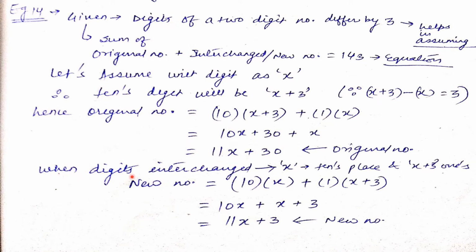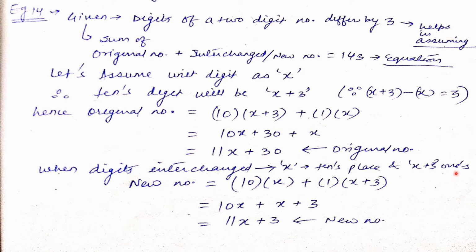When digits are interchanged, the x which I assumed as the unit digit last time now becomes the tens digit, and the x plus 3 which was earlier at the tens place is now at the ones place.